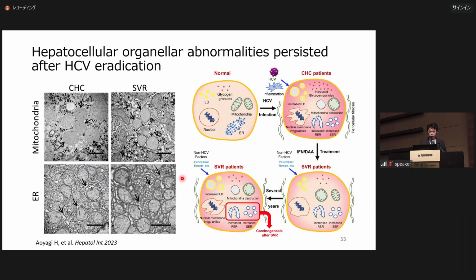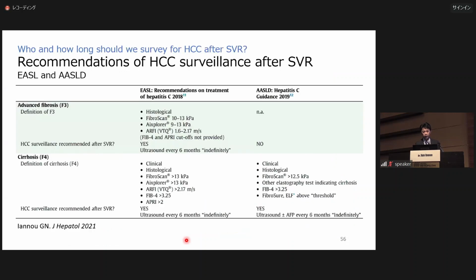And hepatocellular organelle abnormalities persisted after HCV eradication. In this electron microscopic picture, abnormalities of mitochondria and ER were found. So these organelle abnormalities are also a cause of carcinogenesis after SVR.